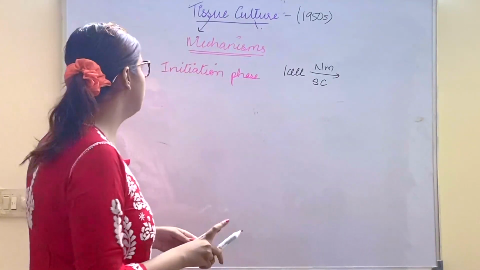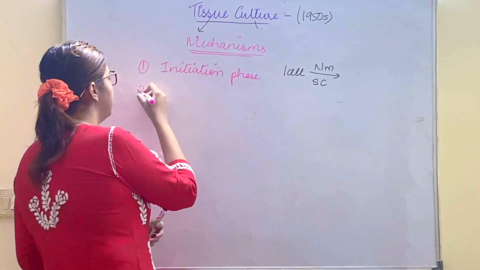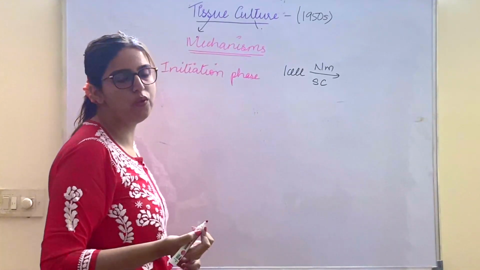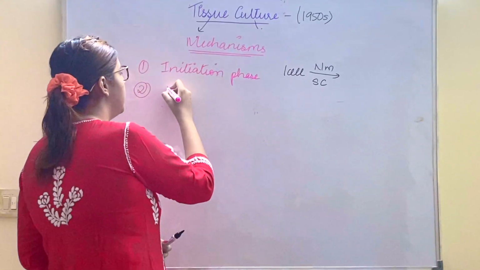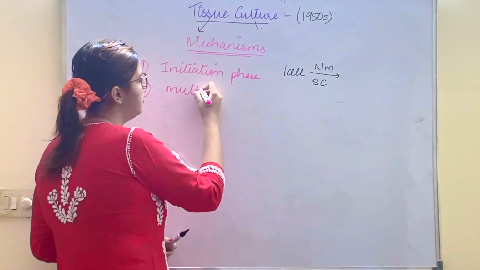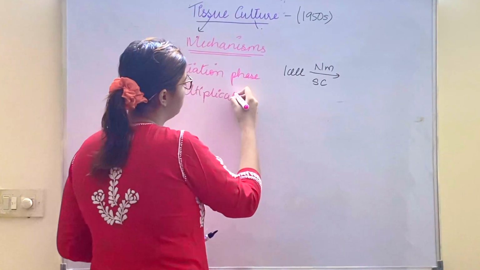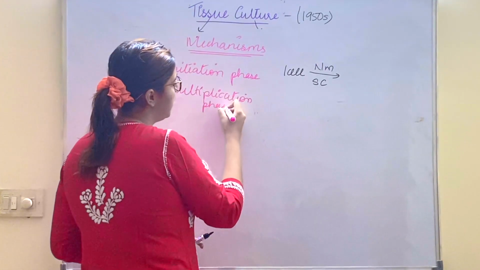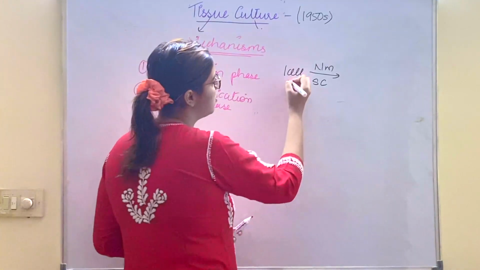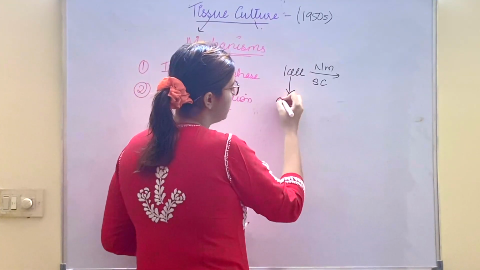Naturally, when the cell gets these appropriate conditions, it will start dividing and multiplying. So there will be a multiplication phase. My one cell is multiplying to make many cells.